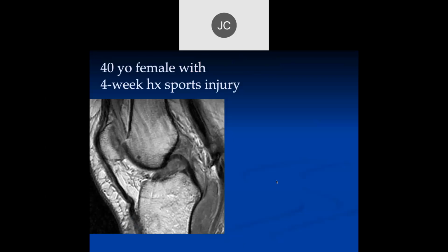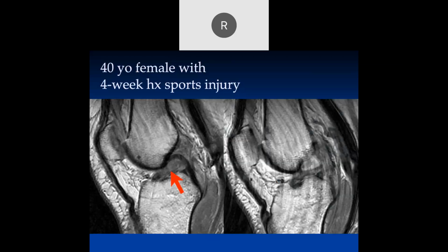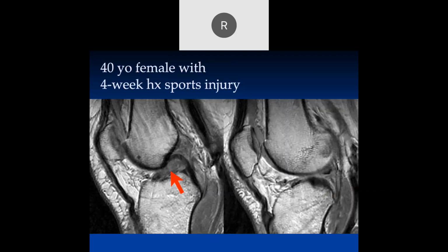All right, so we have a 40-year-old female, 4 weeks after a sports injury. And I see an ACL tear. Looks like there's some pulsation artifact, looking at the, I guess, posterior meniscus.